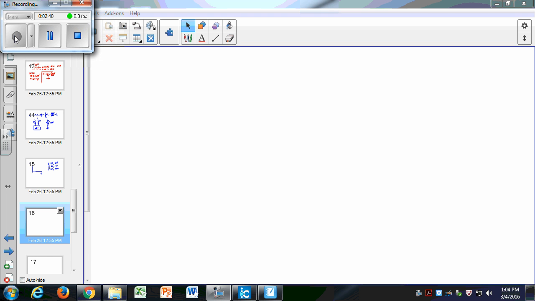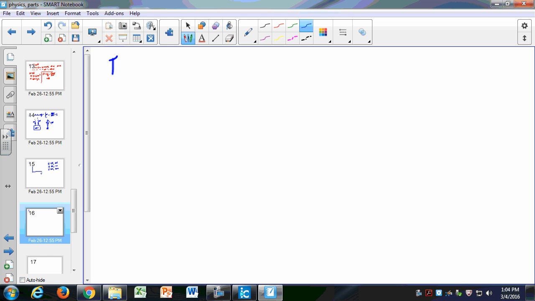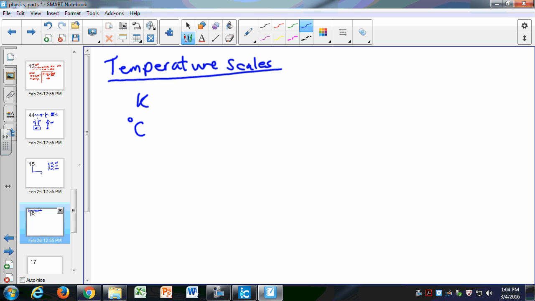All right, so first of all, temperature scales. We have 3 temperature scales. We have the Kelvin, degrees Celsius, and degrees Fahrenheit. These are all based on different physical quantities.